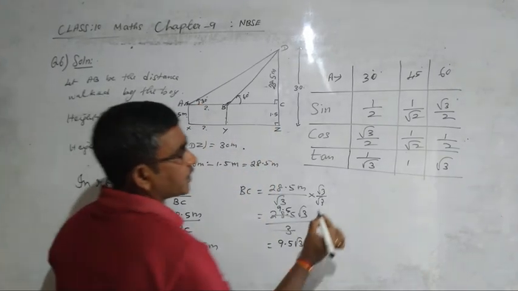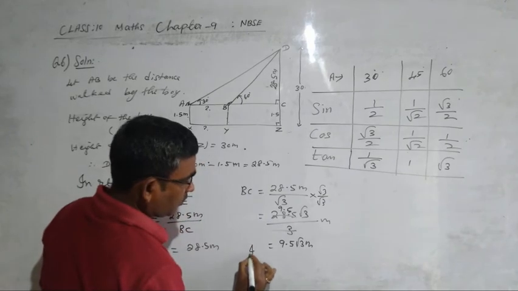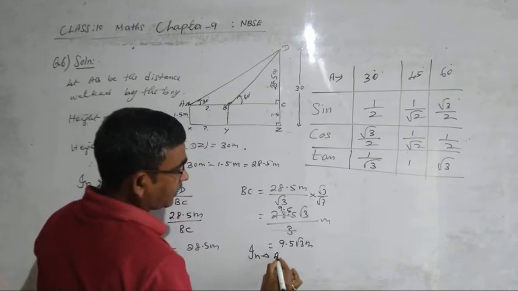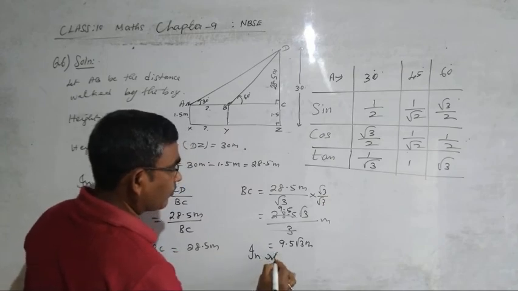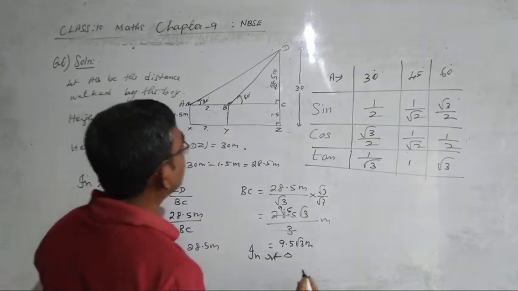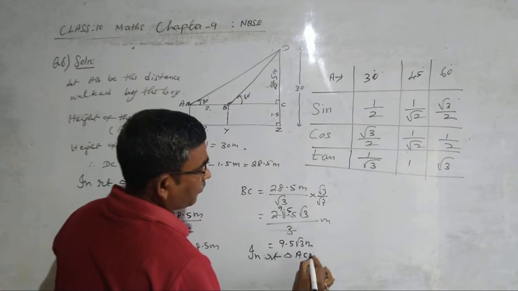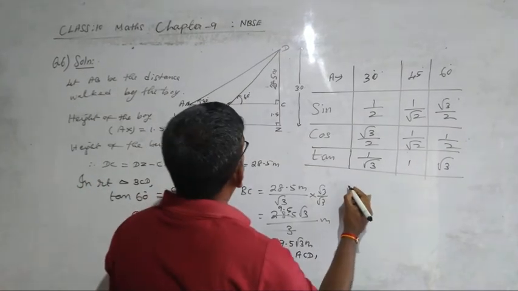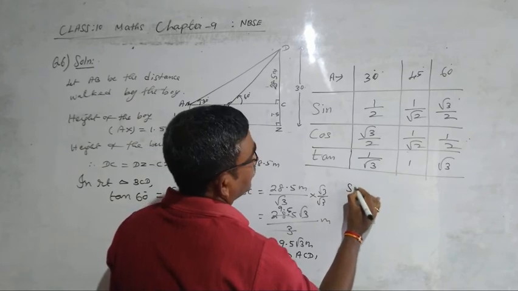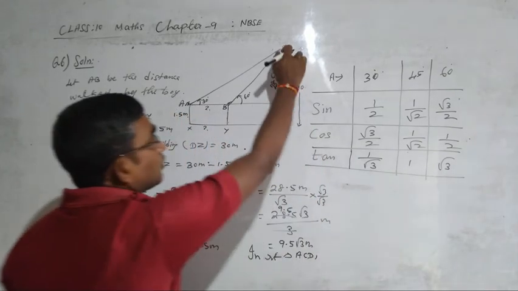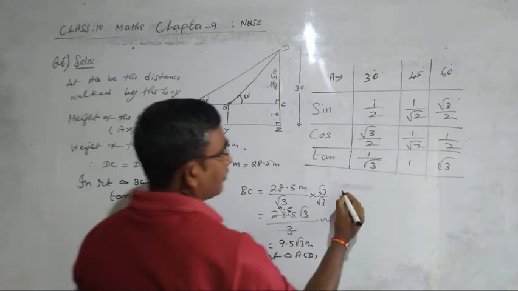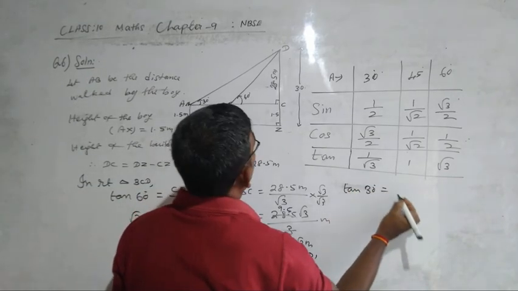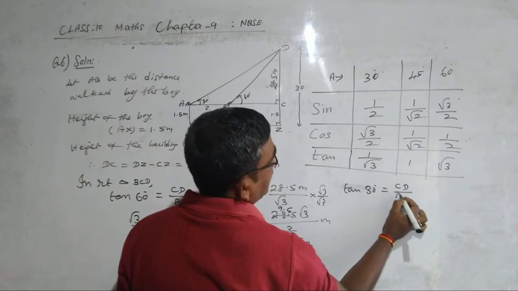But we want the AB value. We can now take the right triangle ACD. In right triangle ACD, we can apply tan. Perpendicular is CD, base is AC, so tan 30 is equal to CD by AC.